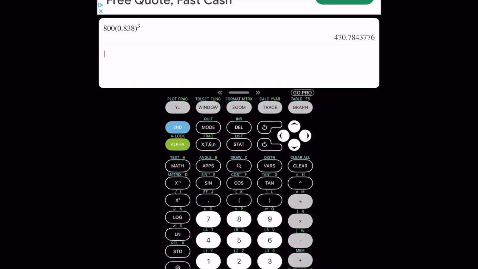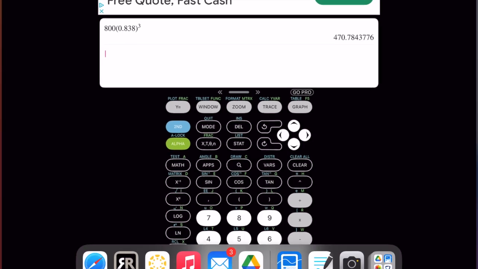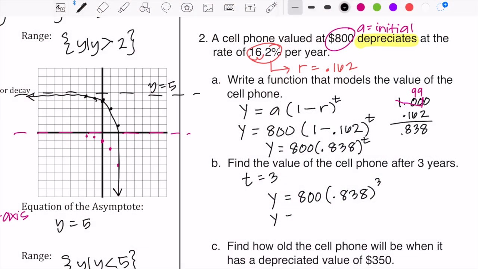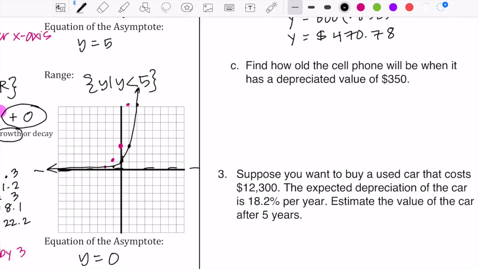We're going to round to 2 decimals because it's money, and we are going to get that y equals $470.78. Then this comes into where we went in 5.4, so we've combined it into a single problem.